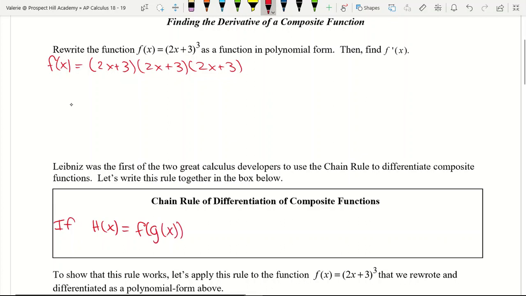So a composite function has a function within a function. Then h prime of x is equal to f prime of g of x times g prime of x.